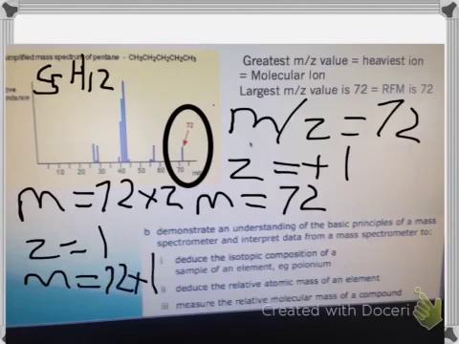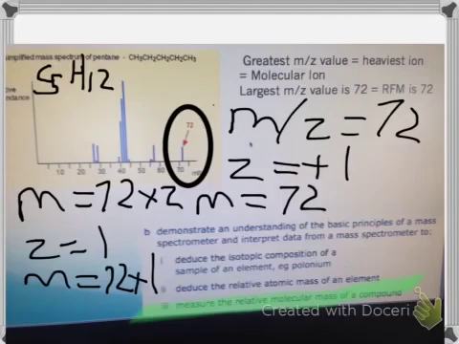Okay, and this links in to your specification point B, where it's talking about measuring the relative molecular mass of a compound. So in this example, we've got pentane. We could look at different compounds, and we use exactly the same principle to work out what the mass of that compound was.